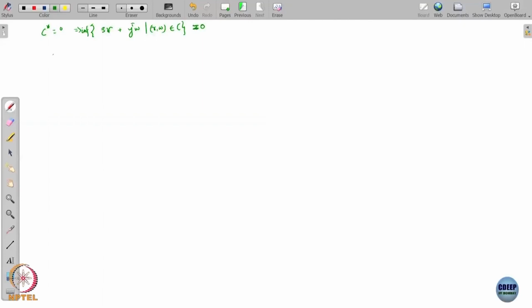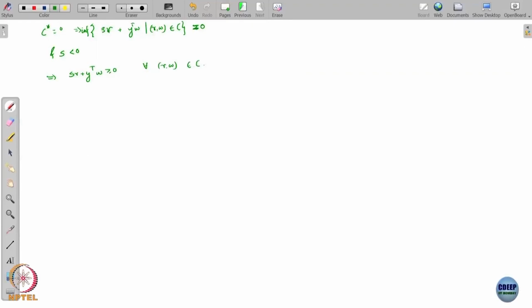And we have that S is strictly less than 0. The infimum of S r plus y transpose w is equal to 0, which means S r plus y transpose w is greater than equal to 0 for all r comma w belonging to C.